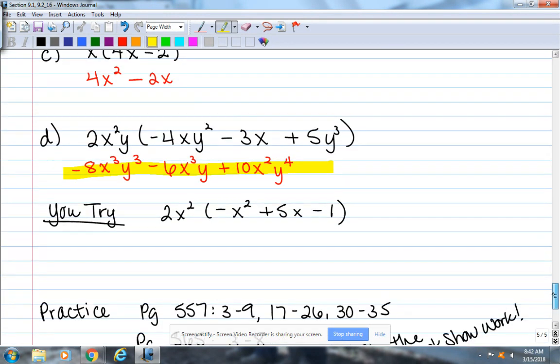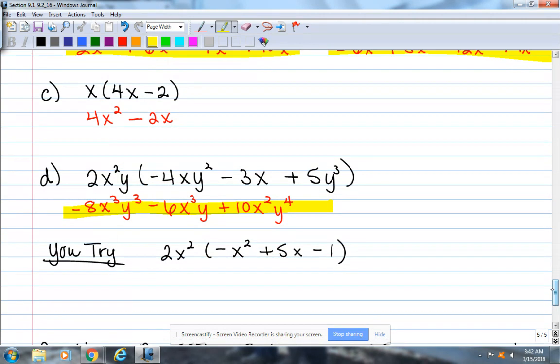I want you guys to try this one. That's a 5. It looks crazy.